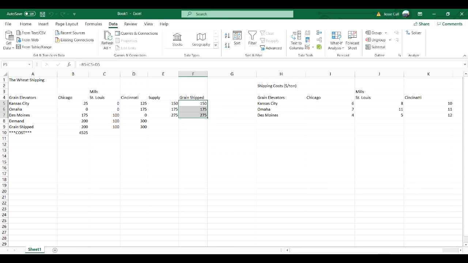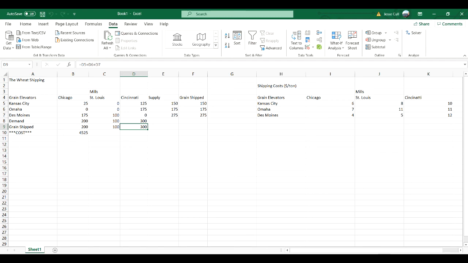We add them up here, 25, 175, 200 demanded, 200 shipped. 100 demanded, 100 shipped. 300 demanded, 300 shipped. So all of our constraints are satisfied, and we also know there are multiple ways to satisfy those constraints.